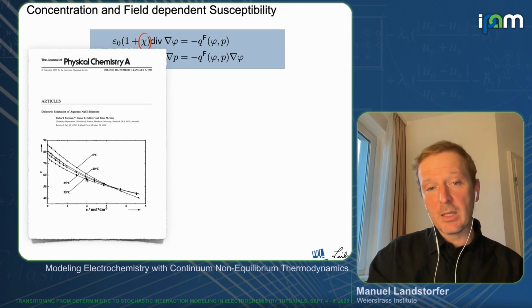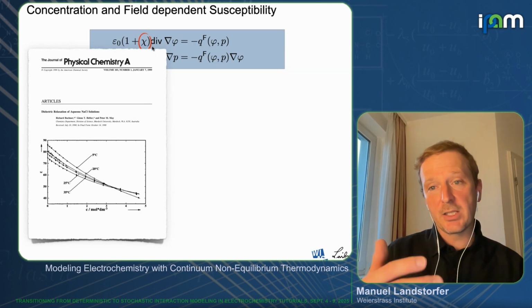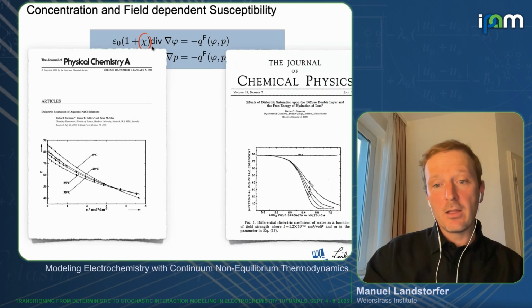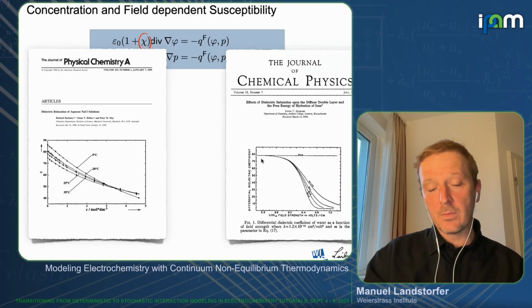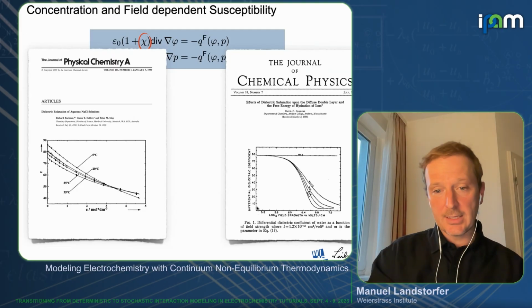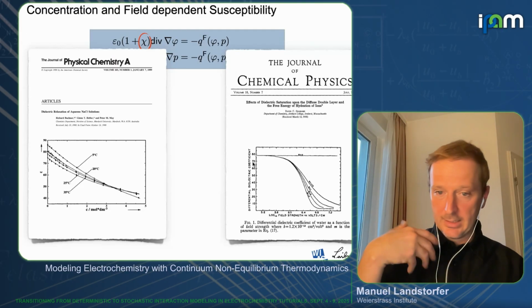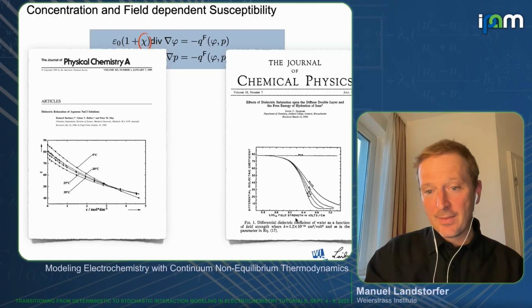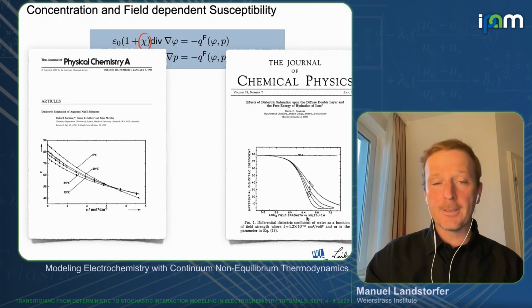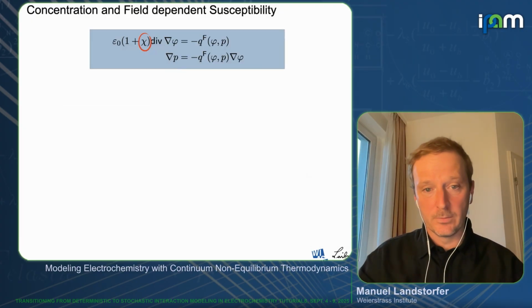And when this happens in bulk, it also has an impact in space charge layers. On the other hand, there are strong indications that the dielectric constant is not really a constant, but also depends on the electric field strength. And these two aspects are the ones which we are going to address now.